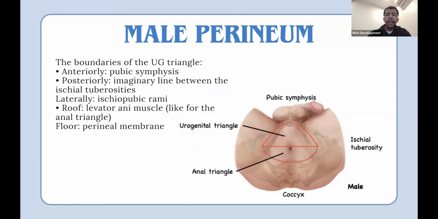Now, if we go inwards, into the patient's body, we're going to reach a dead end, which is our levator ani muscle. And the floor is going to be the perineal membrane, which is covering it here.